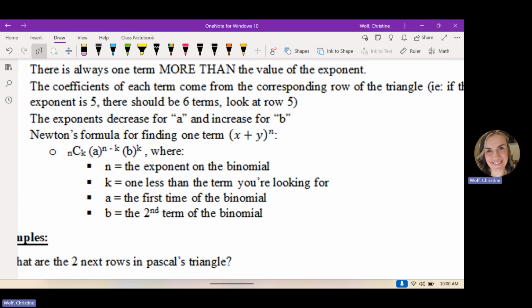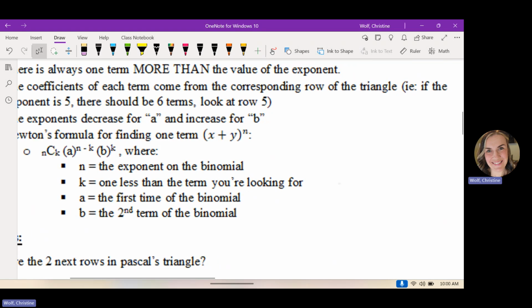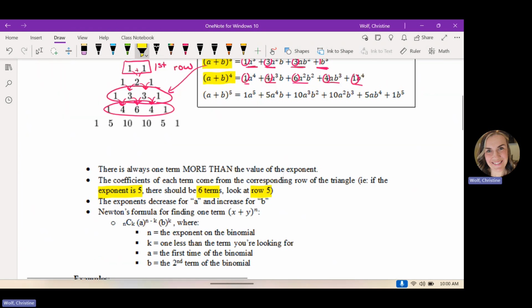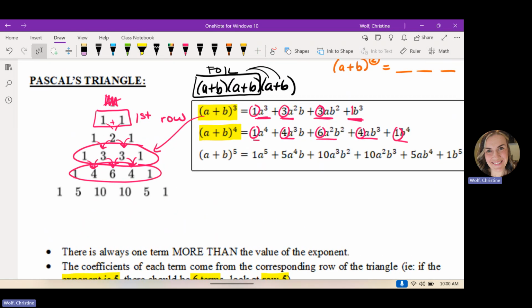Next little nugget. The coefficients of each term come from the corresponding row of Pascal's triangle. We just talked about that. If the exponent is 5, we know there should be 6 terms, but we still look at row 5. Whatever the exponent is, that's the row you look at.